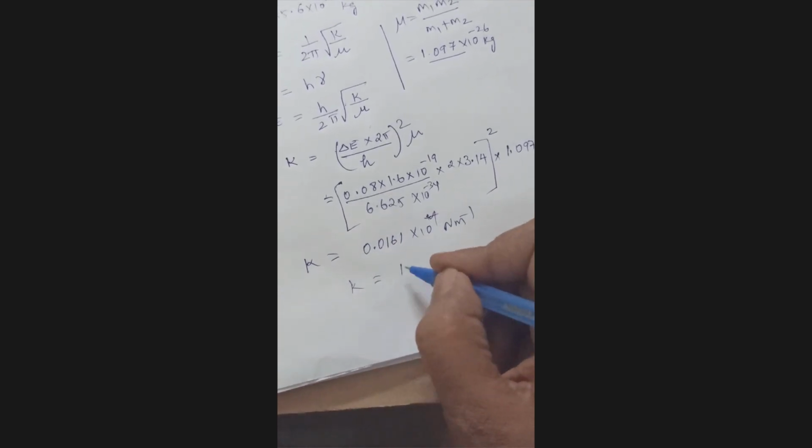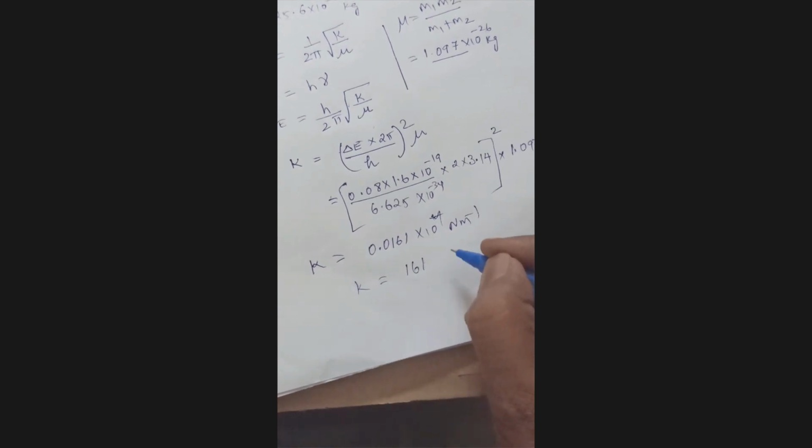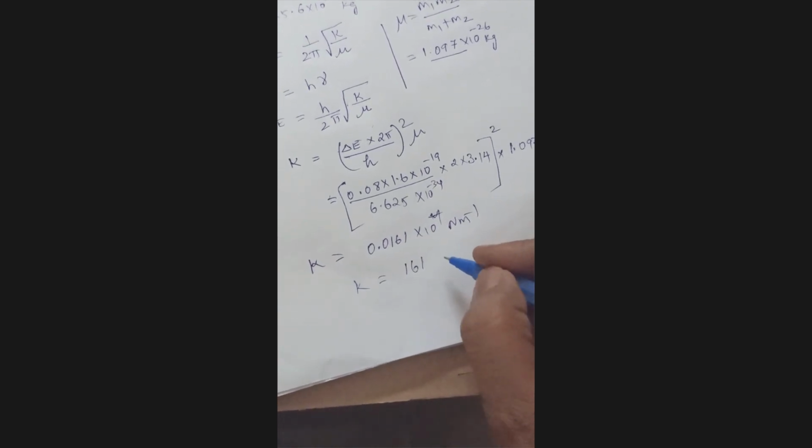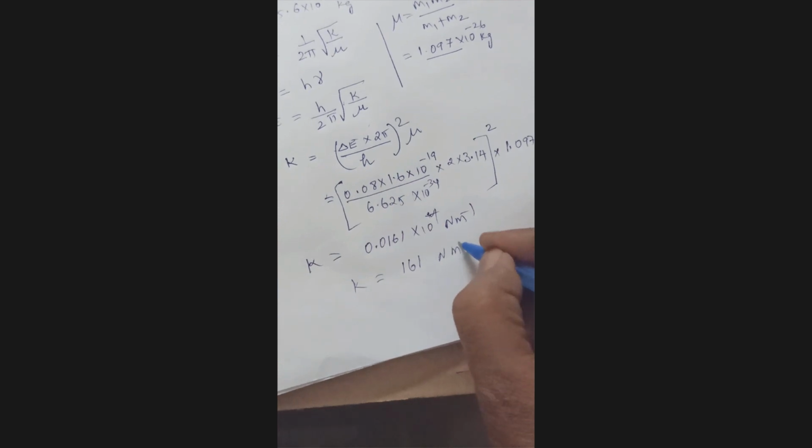Thus K is 161 Newton per meter. So we have found out what is the force constant.